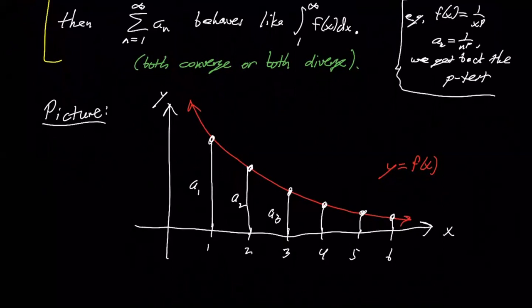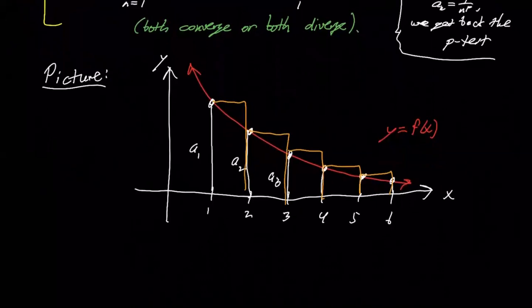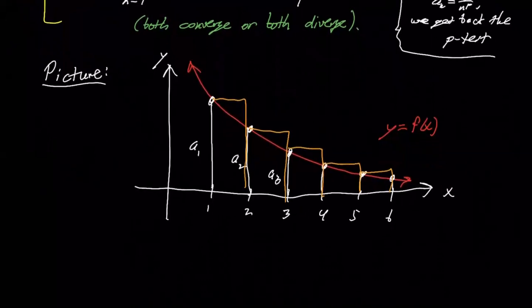You can draw these boxes to show that the sum, this is actually the sum from 1 to infinity of a sub n. These boxes represent that, as we saw with 1 over n. Each of these orange rectangles is width 1, and its height a sub n.